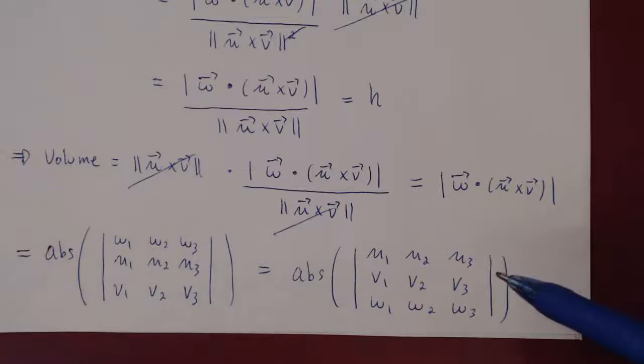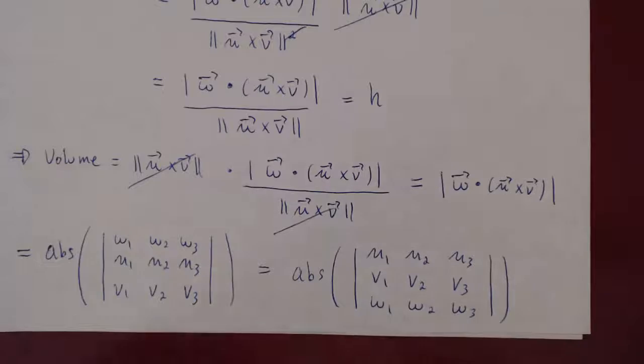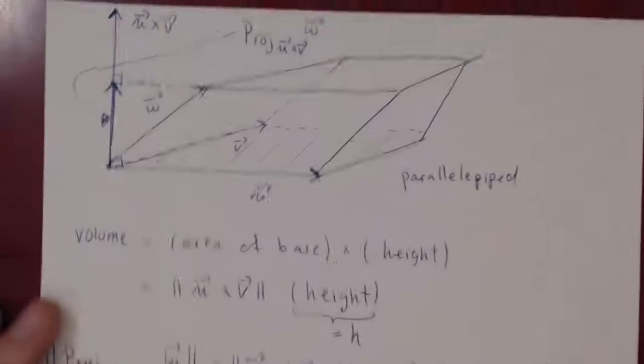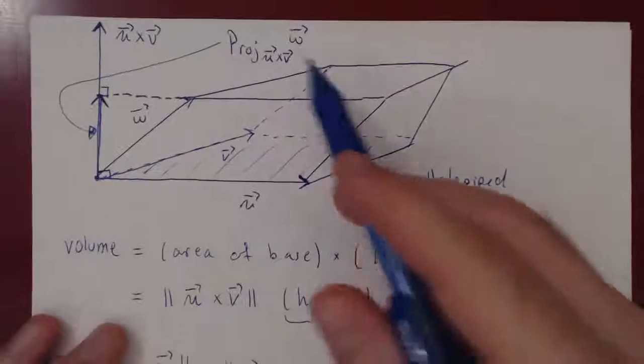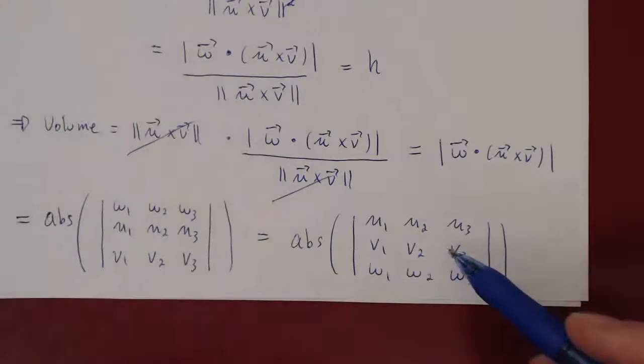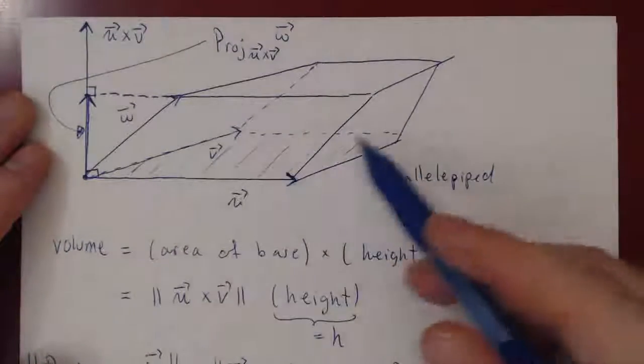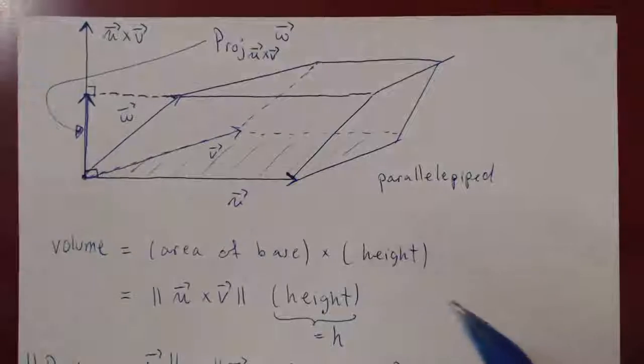So if you have three vectors in R3 and you want to figure out whether or not they are lying on the same plane, find this determinant. If the value is positive, you have positive volume, hence you do have a solid, hence they are not lying on the same plane. But if the determinant is 0, your volume is 0, therefore you have no solid, and all three vectors must be lying on the same plane.